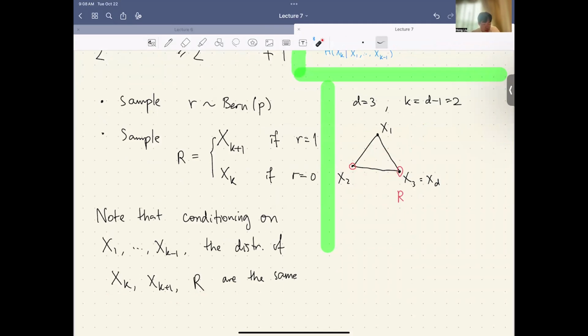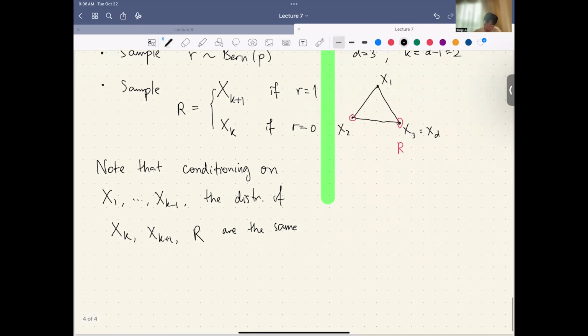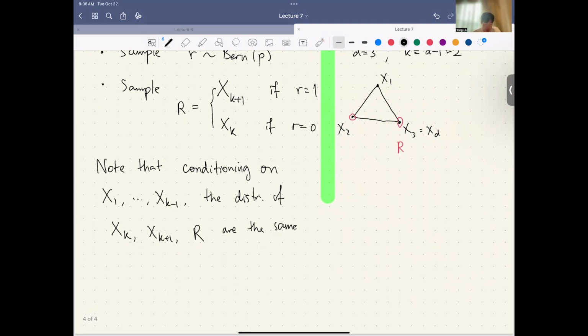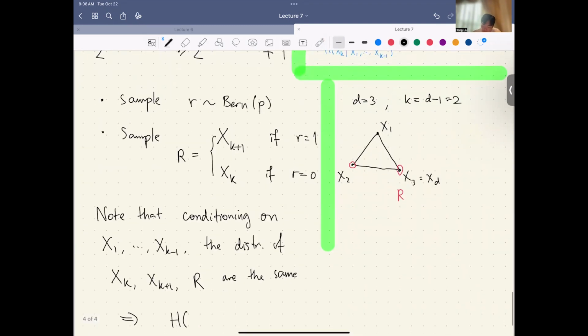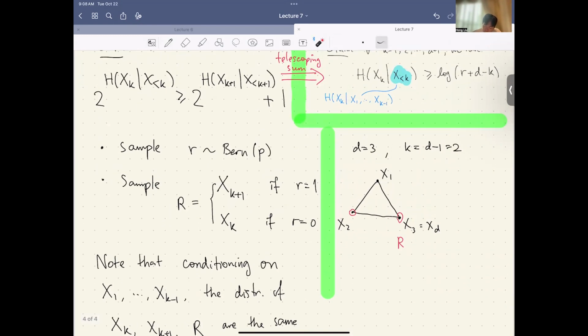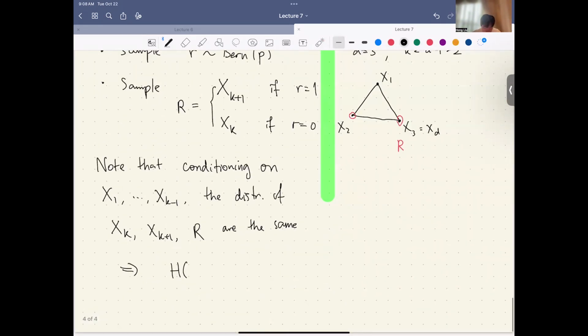Now we can write the conditional entropy. This implies, so what we need to estimate is this thing here, H of xk, condition on the previous ones.